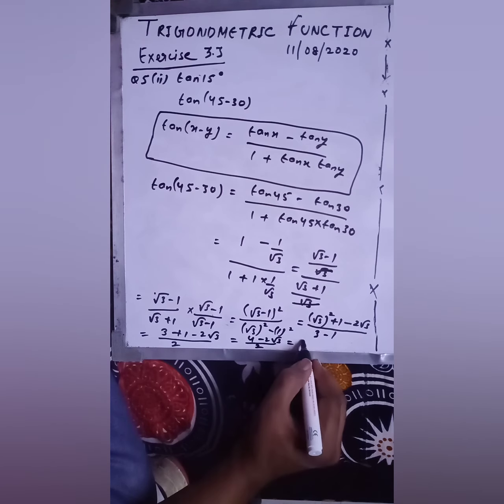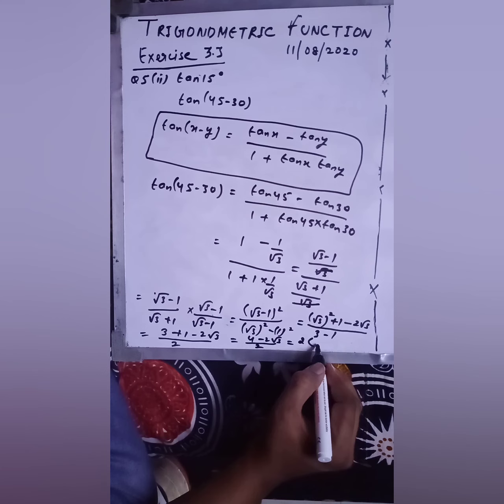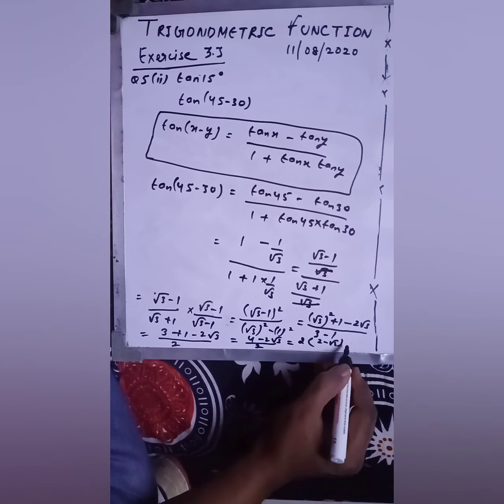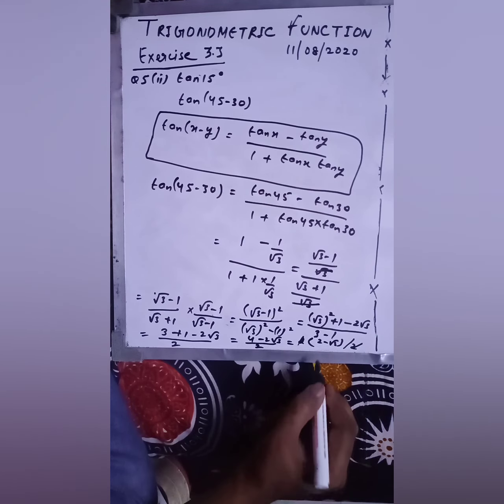Take 2 common and you will get 2 times (2 minus root 3) upon 2. The 2 and 2 cancel out and you get 2 minus root 3. So 2 minus root 3 is the final answer.